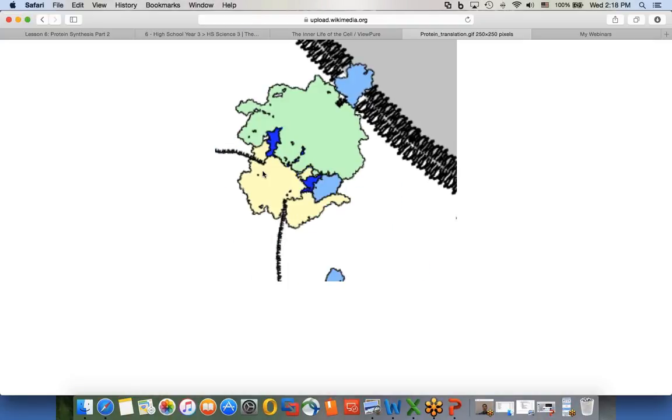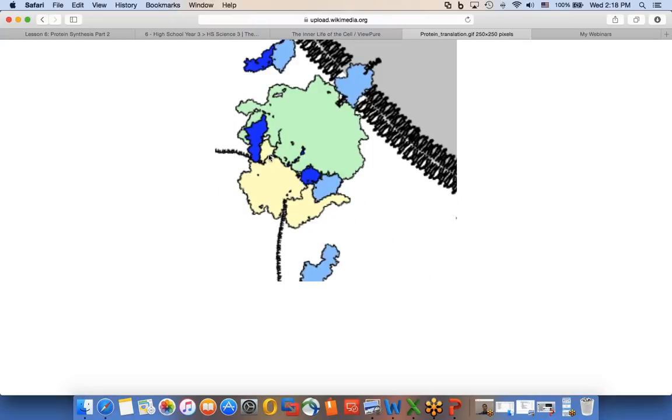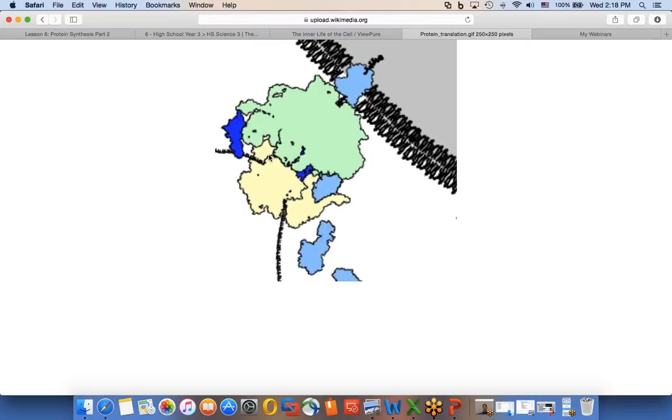Okay, so can you see that it goes like 3 little pieces at a time? What are the dark blue pieces here in the animation?